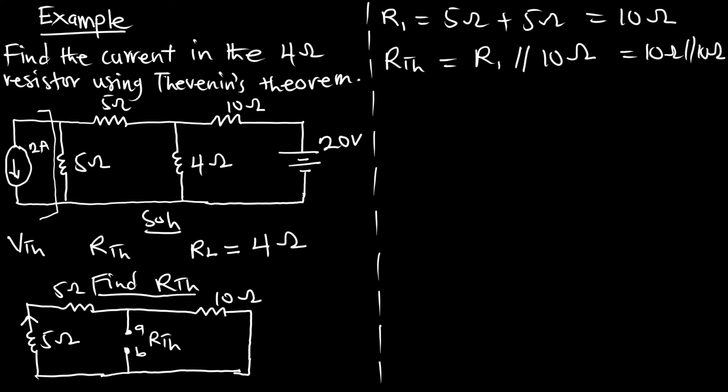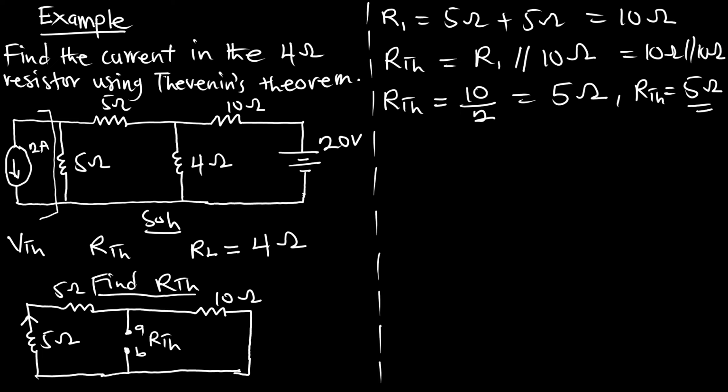Are we okay? When we have two resistors of the same value connected in parallel, the total resistance is half of the value. So that is 10 divided by 2, which is 5 ohms. Meaning our RTH, the Thevenin's resistance across the terminal AB, is 5 ohms.